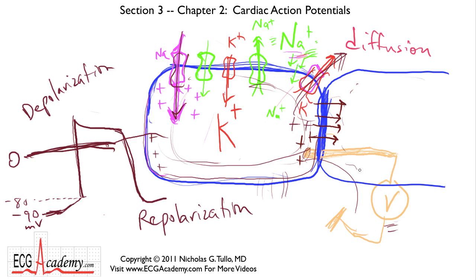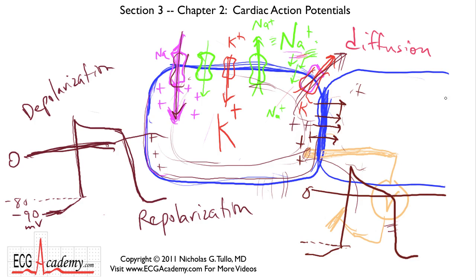If the inside of the cell becomes more positive, this cell will reach its threshold. If this is 0 millivolts, this cell reaches its threshold of minus 80 millivolts or whatever, and this cell fires. And then you get an action potential in the next cell, and the next cell, and the next cell. So that's how cells are able to pass the signal from one to another through this very complicated movement of ions in and out of the cell membrane.